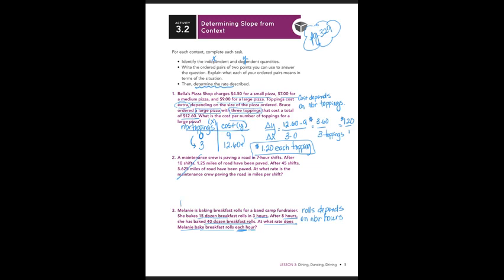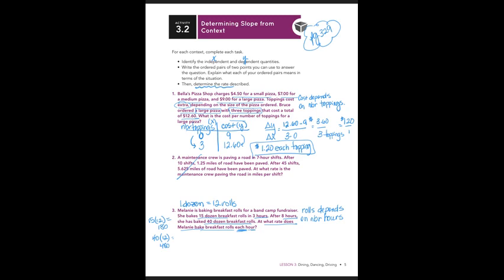Hopefully you can remember that 1 dozen equals 12 rolls. So if I have 15 dozen rolls, 15 times 12 would equal 180. And if I have 40 dozen, 40 times 12 is 480. We're talking lots of rolls here.